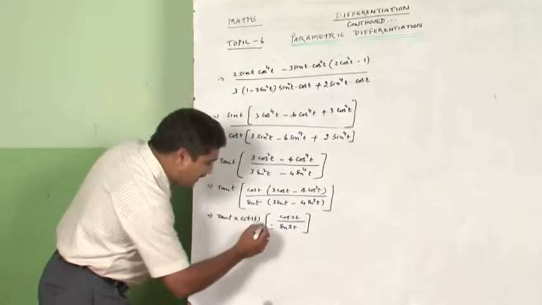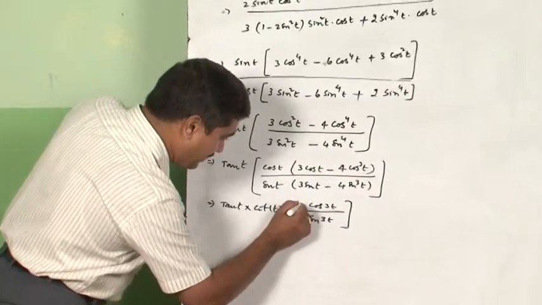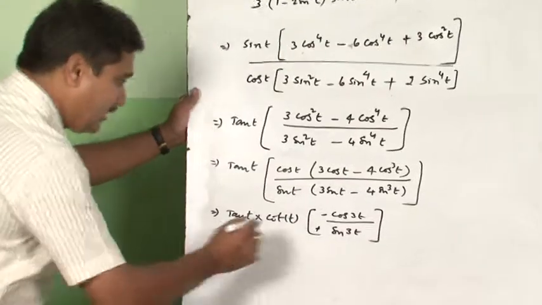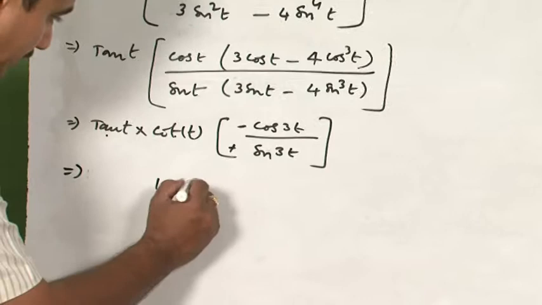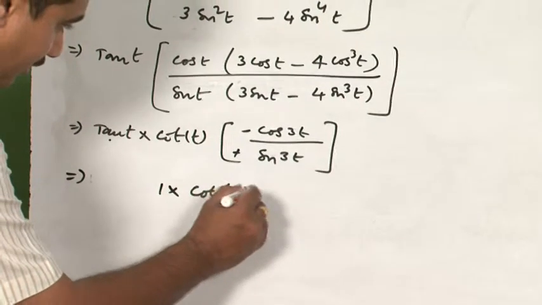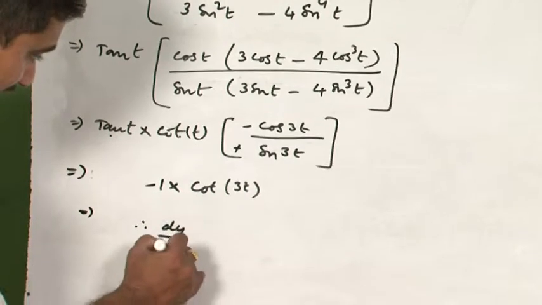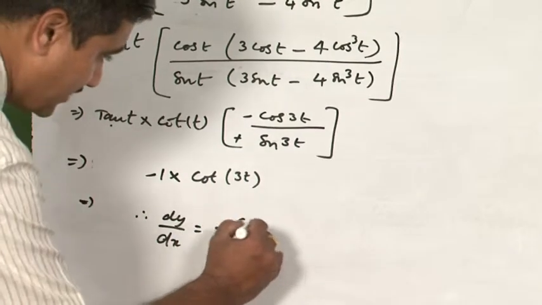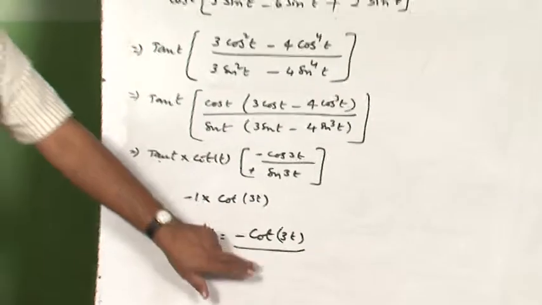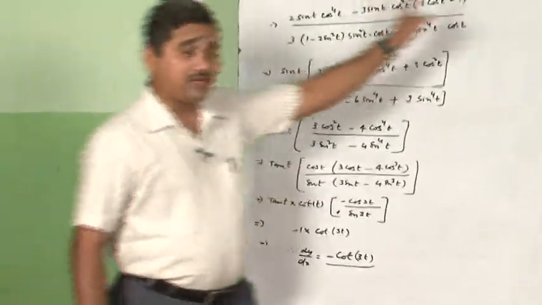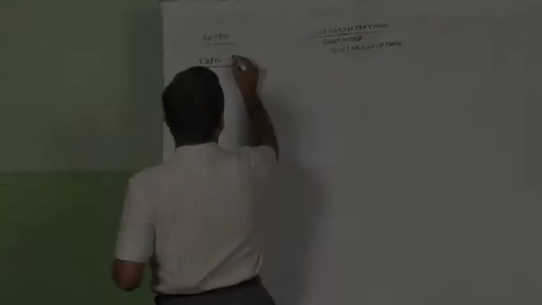Well, there is a slight error: this is 4 cos cube t minus 3 cos t, it should be minus, and this is plus. Now tan t into cot t is 1, and it is going to be cot 3t with negative sign standing outside. Therefore, dy by dx is equal to minus cot 3t, which is the net result of the parametric differentiation of both the equations which we have been given.